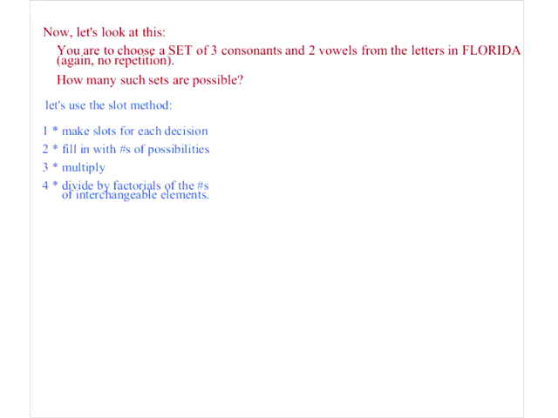Okay, so here's that. Slots, we've got 5 slots. The numbers of possibilities, well, we have to have a consonant, a consonant, a consonant, a vowel, and a vowel.